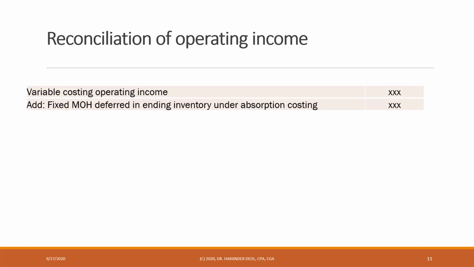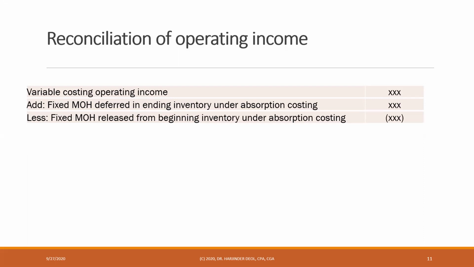We will add the fixed manufacturing overhead that was deferred to ending inventory under the absorption method, and we will deduct the fixed manufacturing overhead that was released from beginning inventory under absorption costing. So variable costing operating income plus the deferred MOH piece minus the fixed MOH piece released from beginning inventory has to be the same as your operating income under absorption costing.